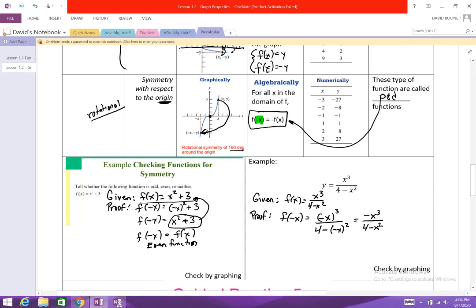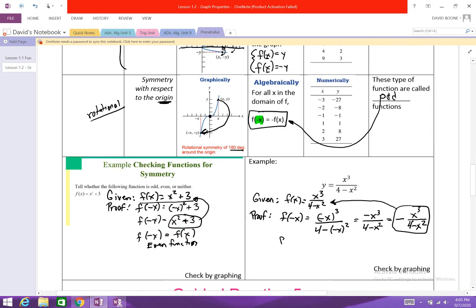And just to clean it up a little bit, because I'm trying to see what happens here, maybe some of you might be more comfortable bringing that negative out front. It really doesn't matter, you can keep it there. But maybe it helps to see things more clearly, because if I look at this answer and compare it to my original one, it's not the same.